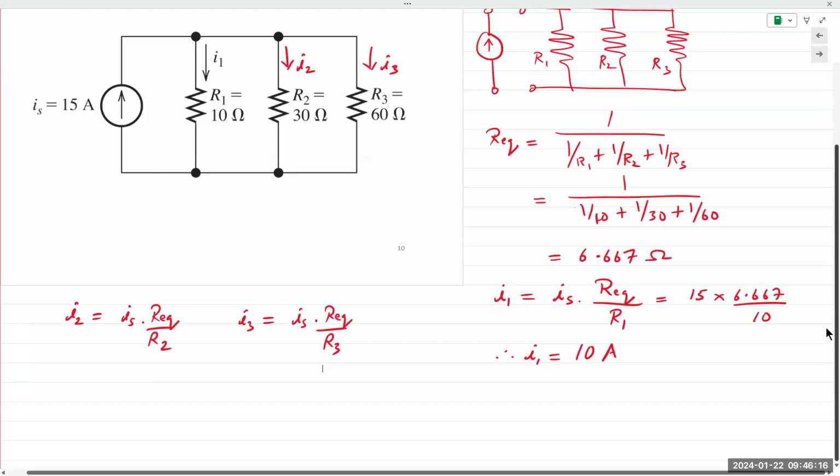You can see for whatever current we get for I3, I1 would be 6 times I3. I2 would be twice as much as I3. Does that make sense? So you could solve it just using logic and intuition if you want to verify your answer that way. Does everybody see that?